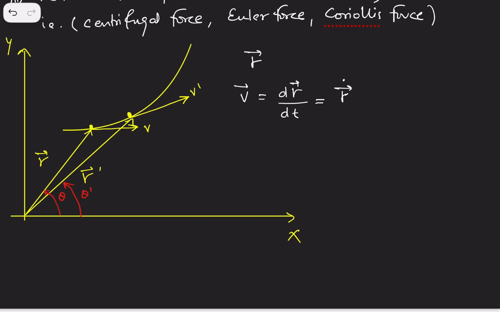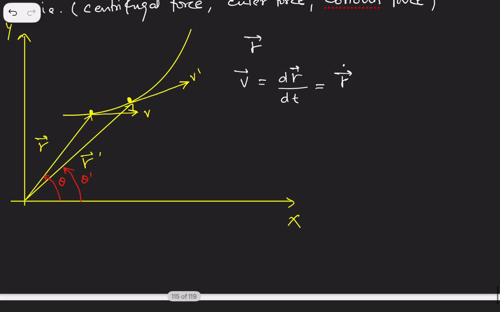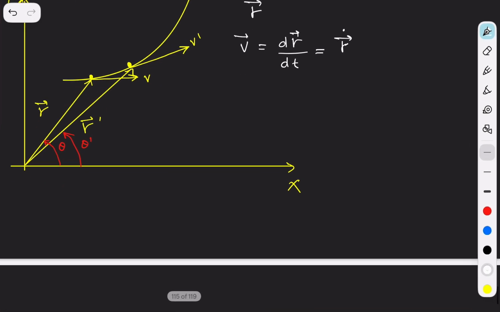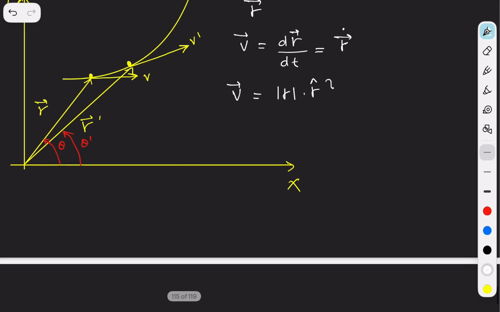What I will write here is that the r vector is nothing but r magnitude into r cap. Here the r magnitude is also changing and r cap is also changing its direction.